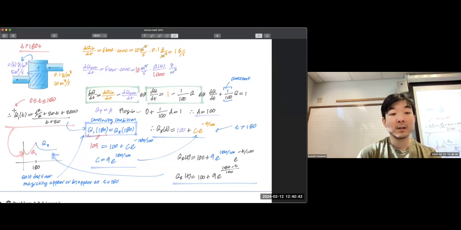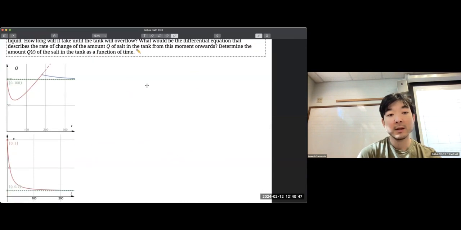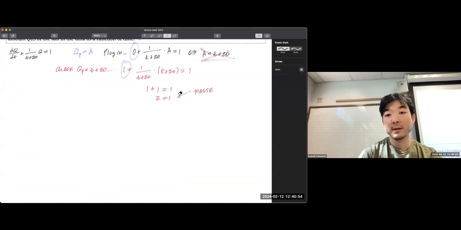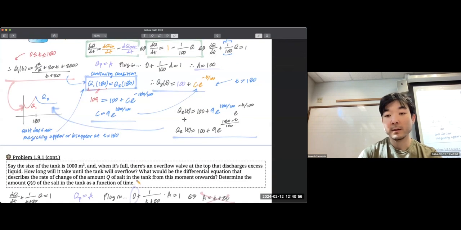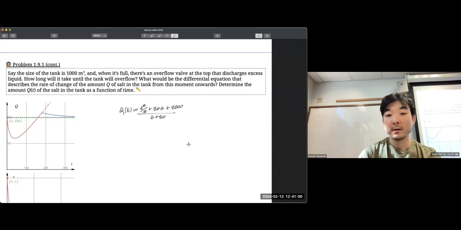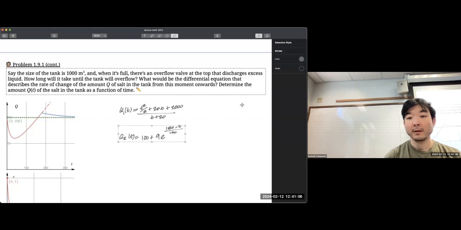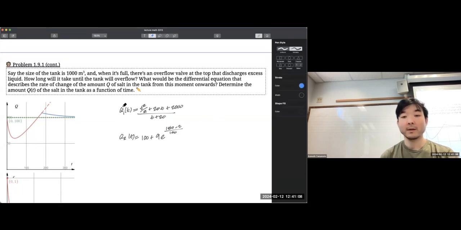So why don't I just copy and paste all of these solutions? Basically, the red graph is this. The blue graph is this one. So maybe I'll use colors.